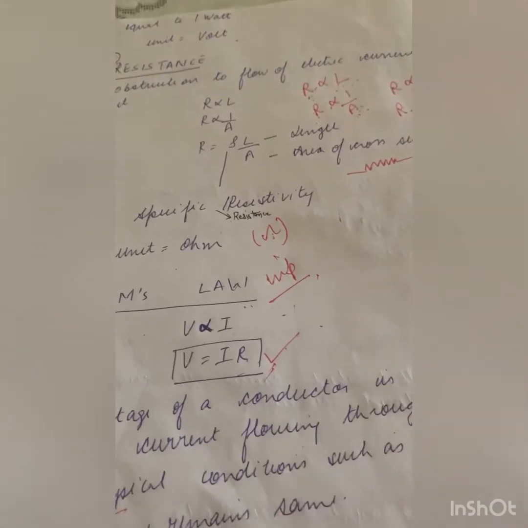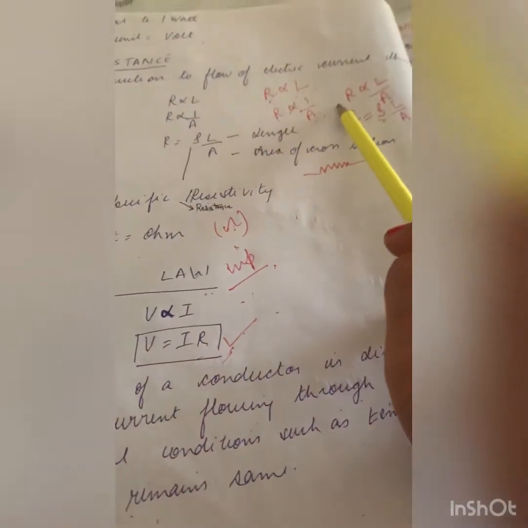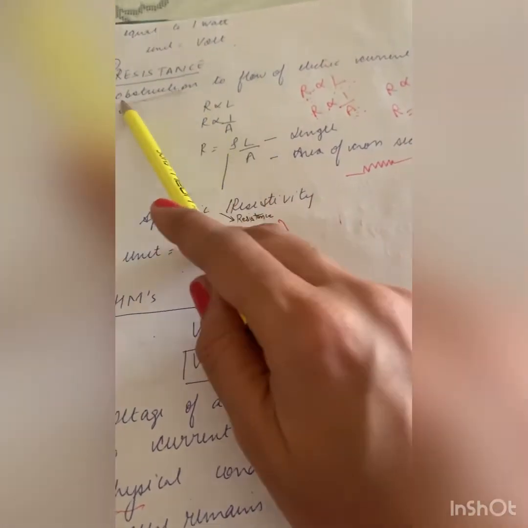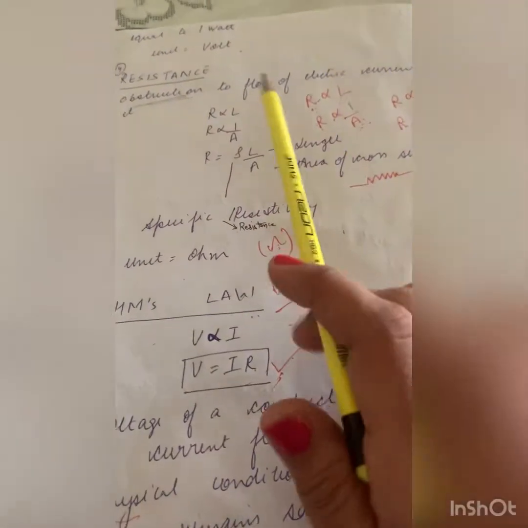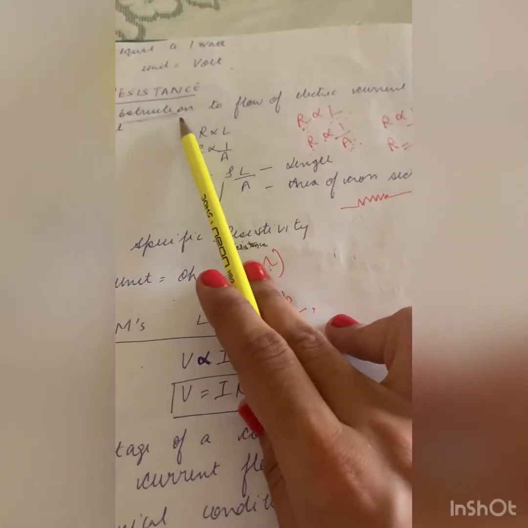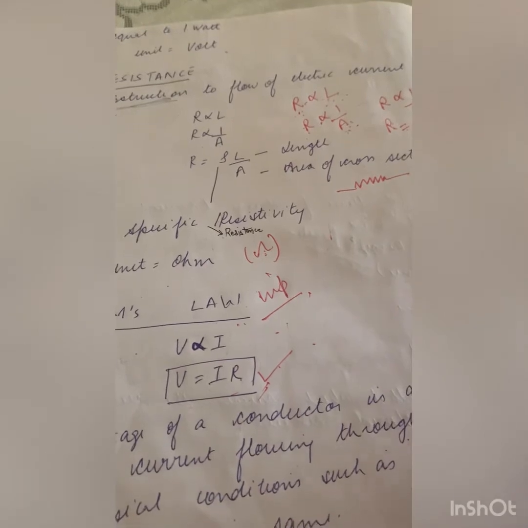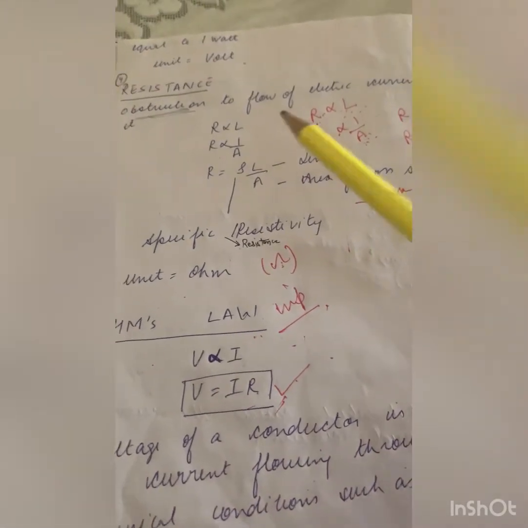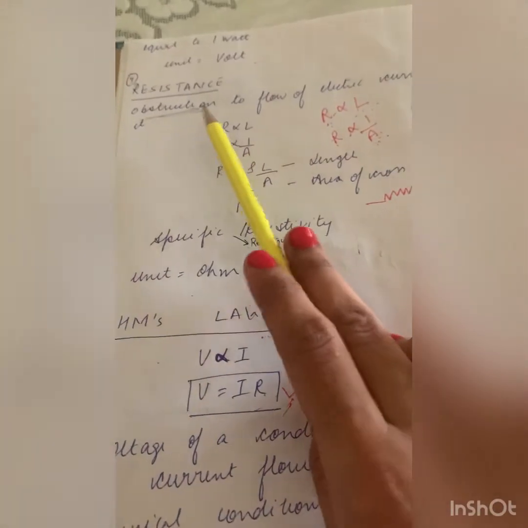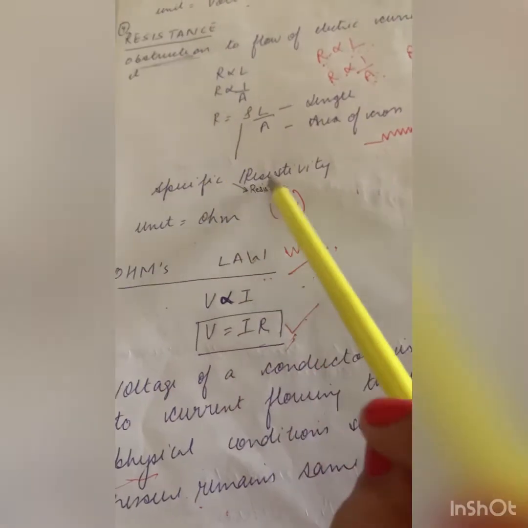So resistance is obstruction to flow of electric current through it. Obstruction means stoppage, or in other language rukavat. When electric current is obstructed, that is resistance.